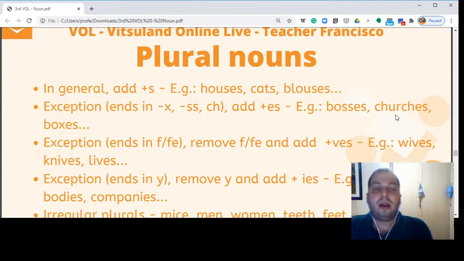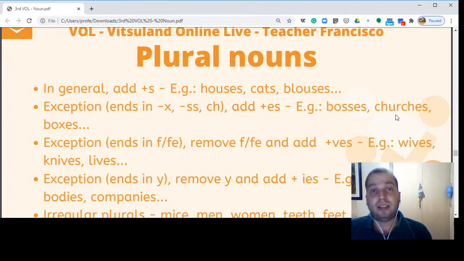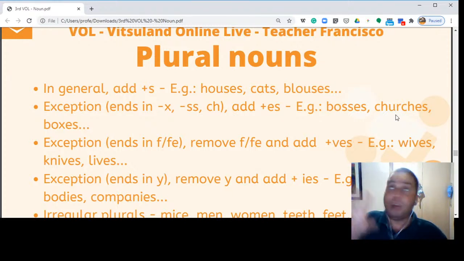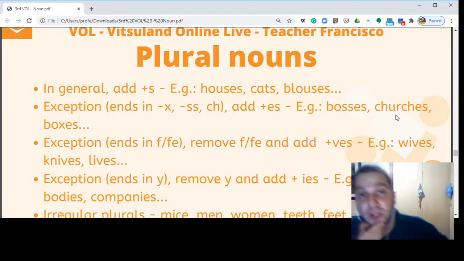And plural nouns. This part is really, really important, because there are some specific situations in English where we use different suffixes, or even change the word completely. So this is really important to understand, especially if you're learning English.